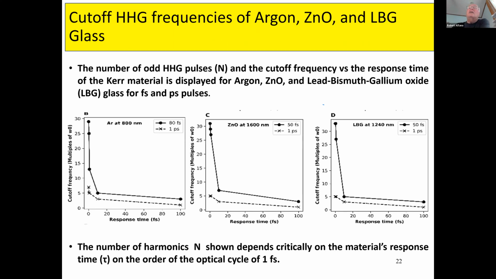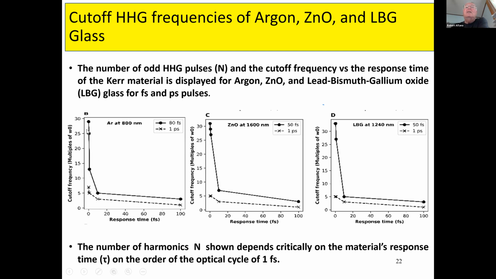Here, this slide shows the number of odd harmonics, which is the y-axis, and the x-axis is the response time of the Kerr medium. Now we're talking about argon, zinc oxide, lead glass for response time for picosecond and femtosecond pulses. So that's the pulse width, but the response time is key, and is on the x-axis.